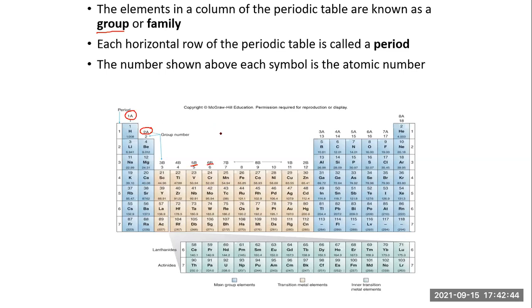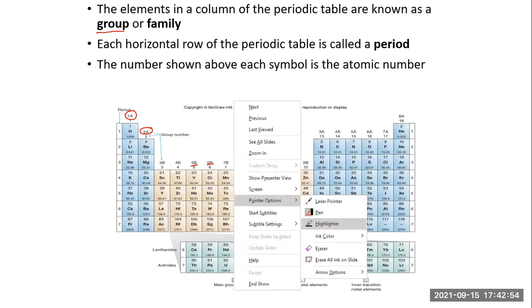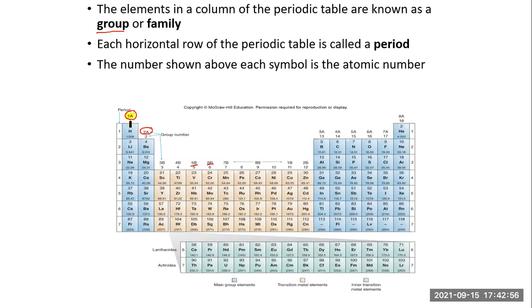For this chemistry class, and probably any chemistry class that you take, we always use the representative numbering, which is essentially the A numbering. So we use the A numbering, and that means over here, lithium, and we'll talk about why lithium here and not hydrogen, but lithium going down is group 1, beryllium is group 2.